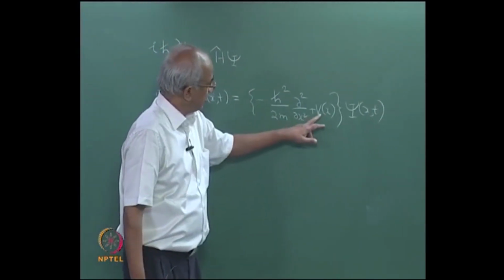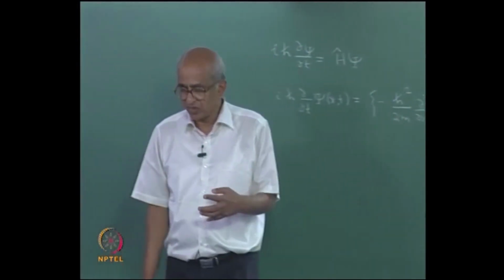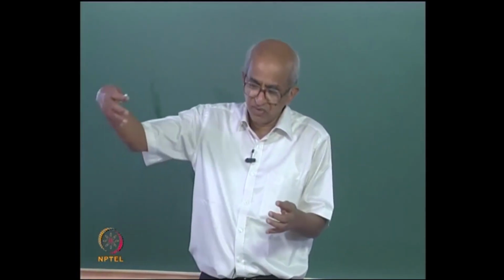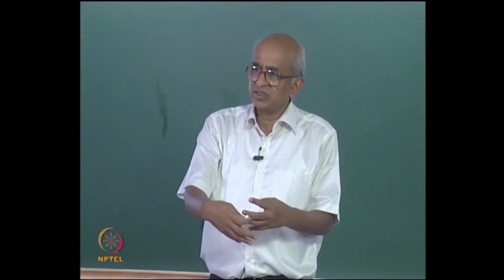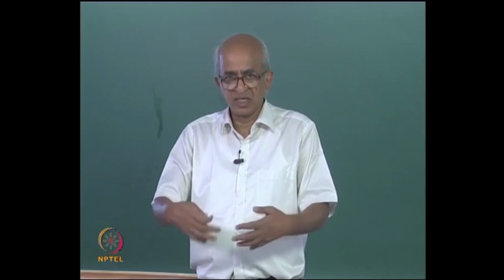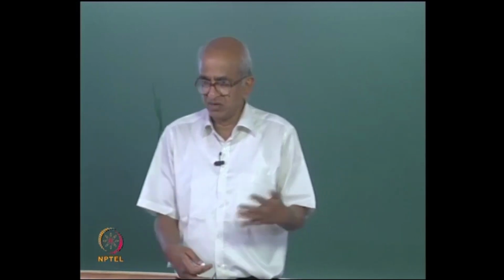Well, in general, the potential will depend upon time also, and I told you in the morning that is what happens in spectroscopy. If you are doing spectroscopy experiments and if you allow electromagnetic radiation to interact with your molecule, the Hamiltonian will contain terms that are dependent upon time, which will change with time.